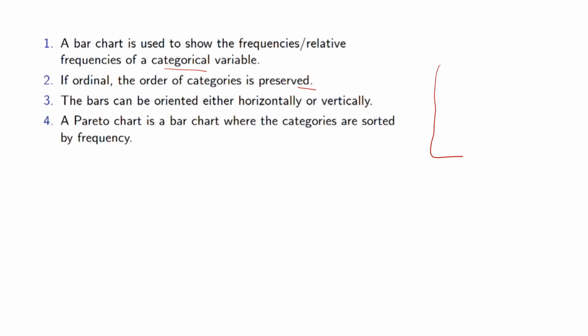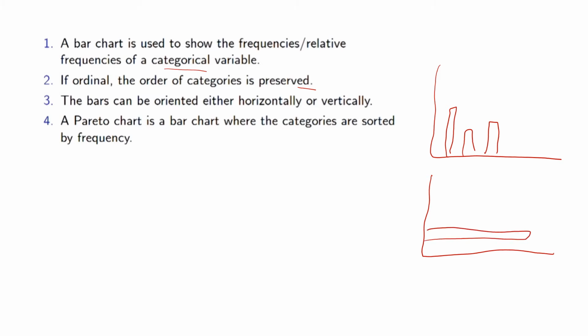Bars can be shown on the horizontal axis or on the vertical axis also. We can show these bars like this. A Pareto chart is a bar chart where the categories are sorted by frequency.